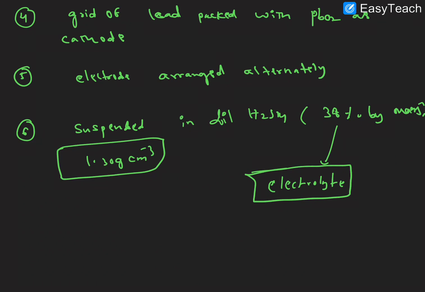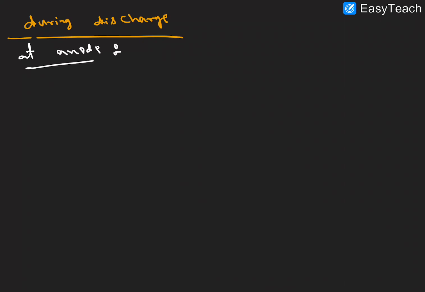Let me explain. During the discharge, what happens at the anode reaction and cathode reaction, and then we will discuss the recharge, what happens at the anode and cathode. First one, during discharge, at the anode, right?